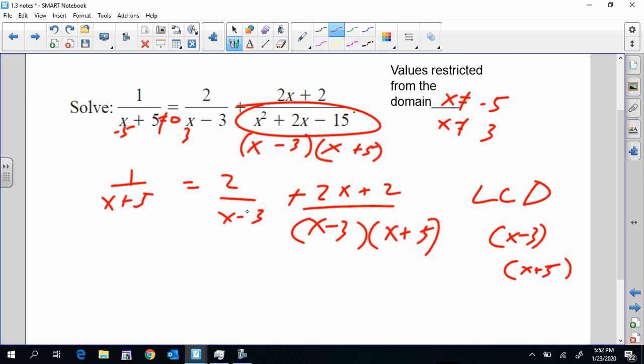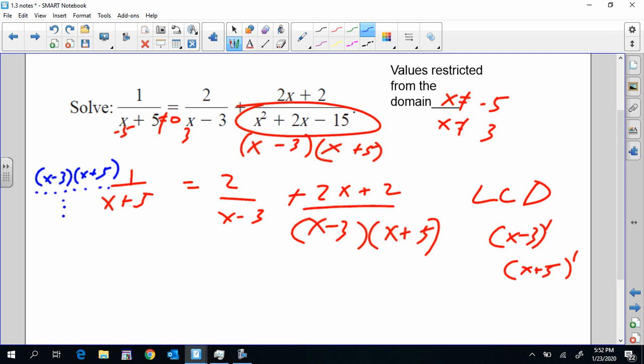I don't need to multiply by 2 of the x minus 3s, because in each term, none of them appear as a squared or a cubed or a fourth. So I only need first power x minus 3 and first power x plus 5. I will use those to multiply where? In the numerator. On how many terms? All of them.